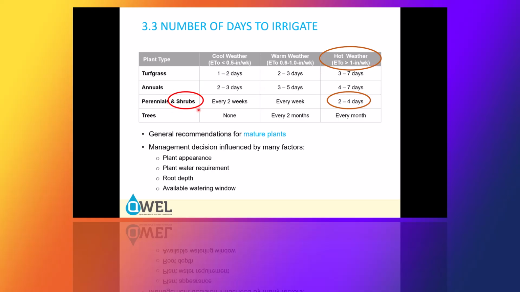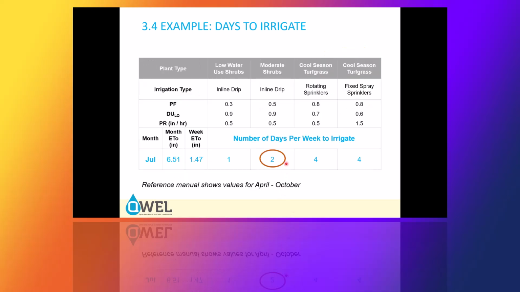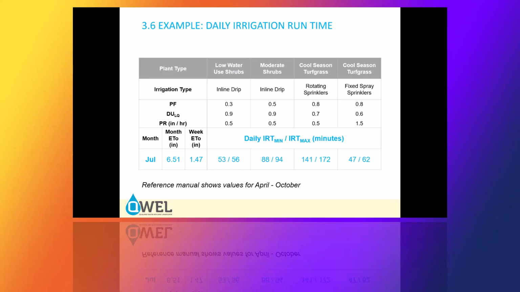So for our shrubs, the suggested amount of time to irrigate is 2 to 4 days per week. And so we're going to select as a management decision 2 days per week to irrigate. And we have our weekly run times at 88 and 94 for irrigation runtime minimum and maximum.